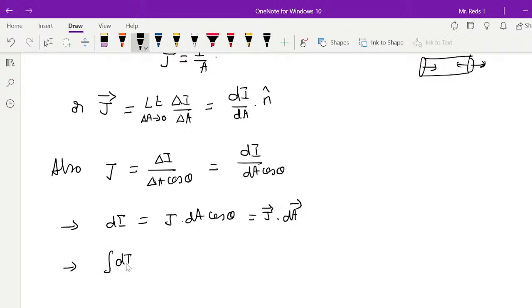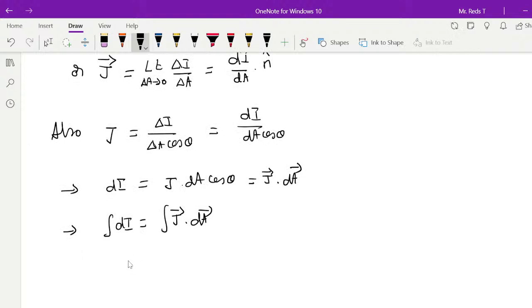Integral of dI is equal to integral of J vector dot dA vector. Integral of dI gives I. So the current I is equal to integral of J vector dot dA vector. If the vectors are given in components form, you can directly use this.